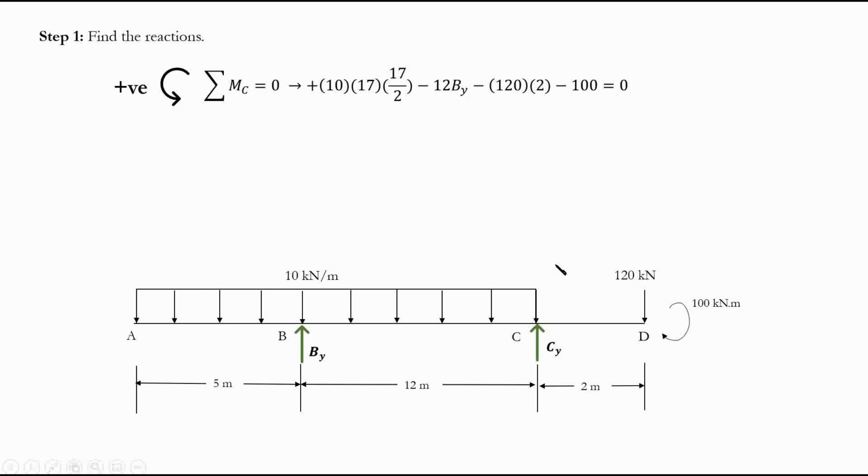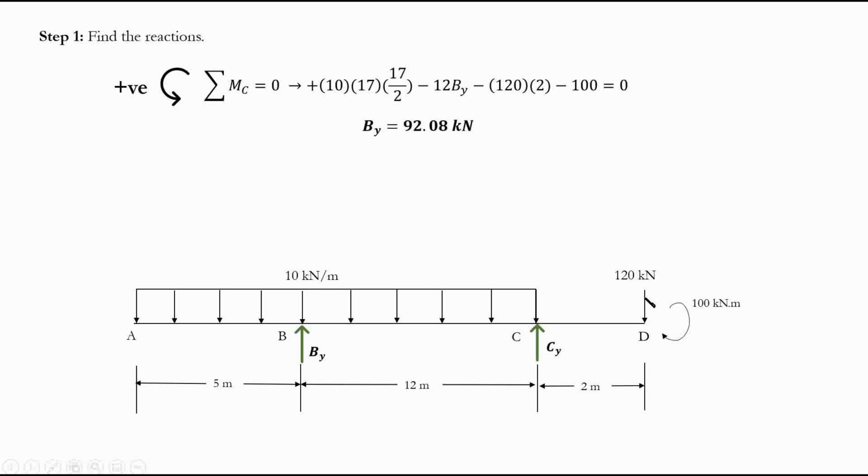And I have another concentrated negative moment, just minus 100, because it's clockwise. Pay attention that this is not 100 times 2, because this is a concentrated moment, not a concentrated force.